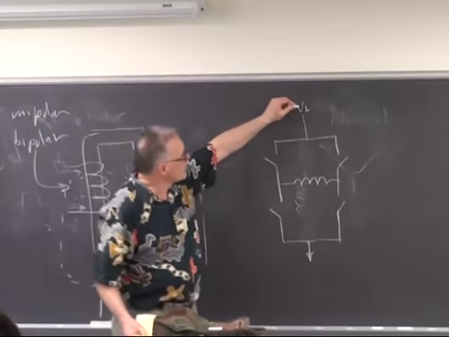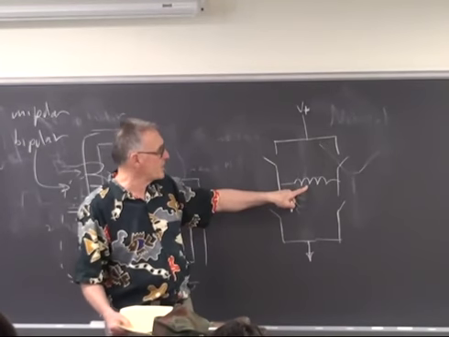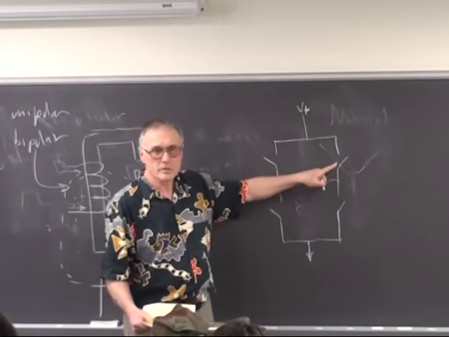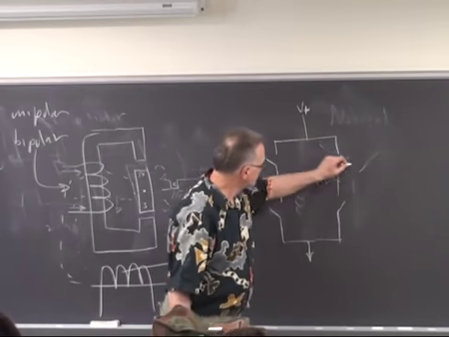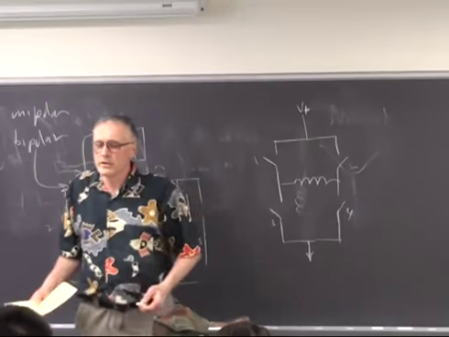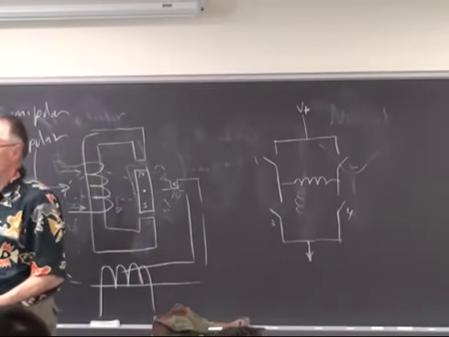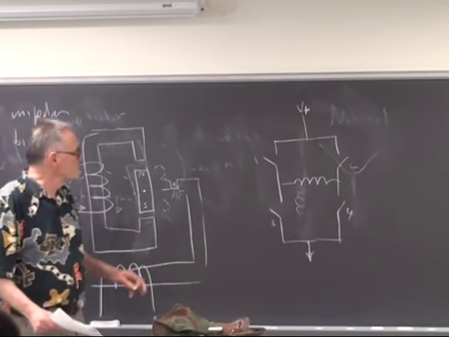So you have V plus up here, you have ground down here, you have the motor winding between four switches: 1, 2, 3, 4. Usually those are not physical switches, usually they're transistors of some sort, but never mind.